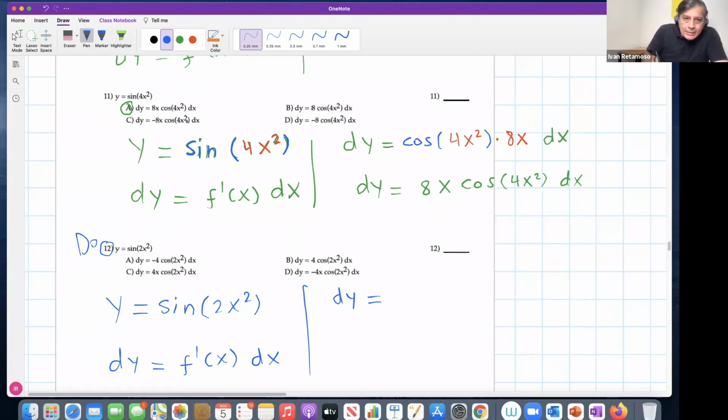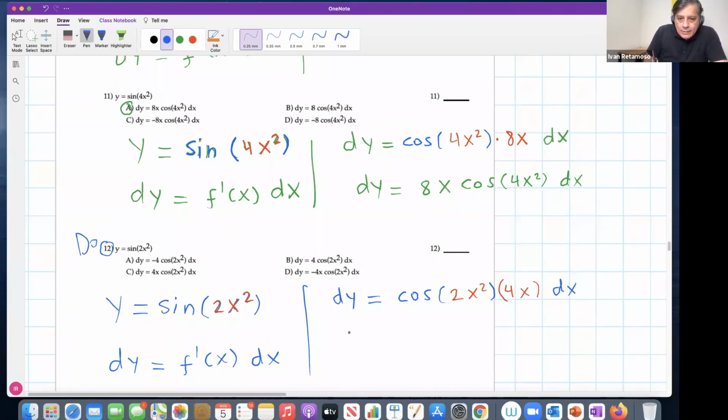The outside function is sine, the inside function 2x squared. The derivative of the outside function sine is cosine. Cosine of what? Cosine of the inside function multiplied by the derivative of the inside function, which is 2 coming down multiplied by 2x, so 4x. And don't forget your dx, the differential of x.